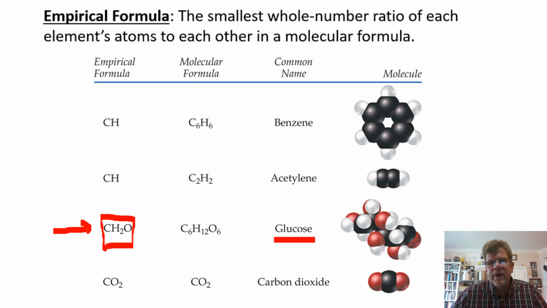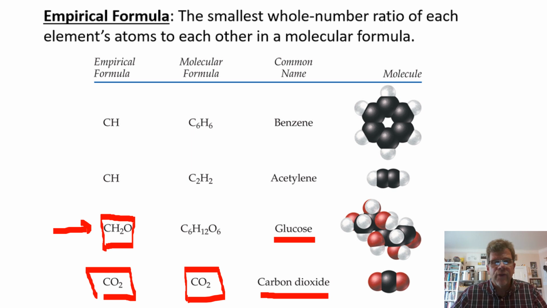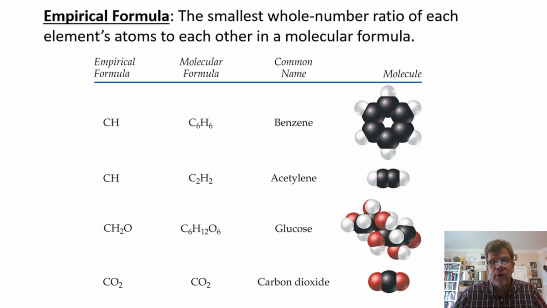Lastly, carbon dioxide is CO2 as its molecular formula, and in this case, the empirical formula is the molecular formula, because when we look at the molecular formula, we are unable to reduce that further. So CO2 is the molecular formula as well as the empirical formula in this case.